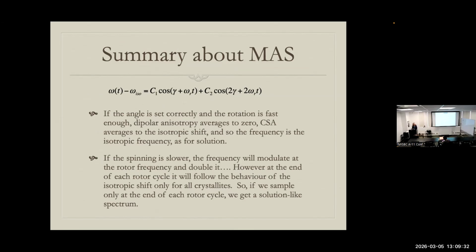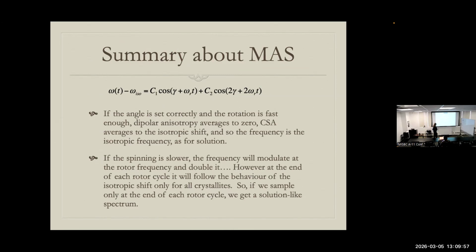All right, so I went back to uniaxial. I dropped the alpha and comments. If the angle is set correctly, the rotation is fast enough, dipolar anisotropy averages to 0. It's almost like we don't have the dipole coupling either. You guys don't have it in solution, we don't. The frequency gets averaged to the isotropic frequency, everything's solution line.